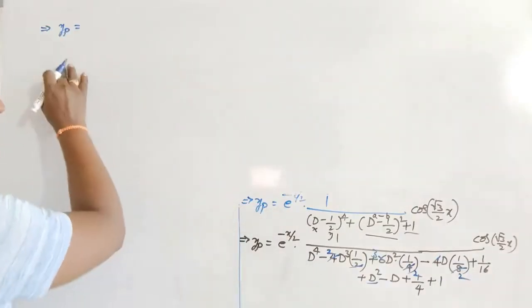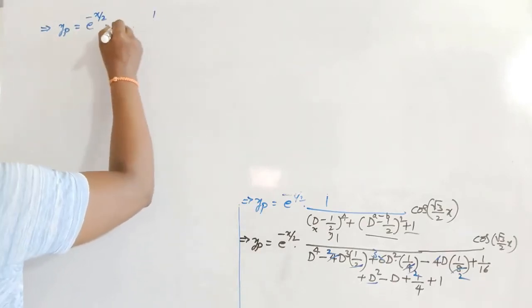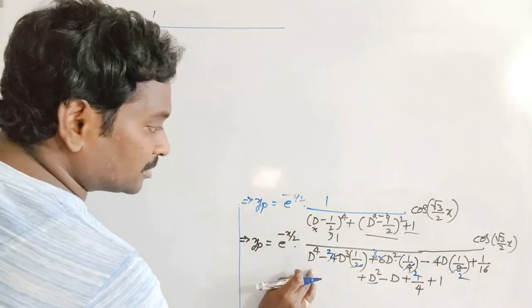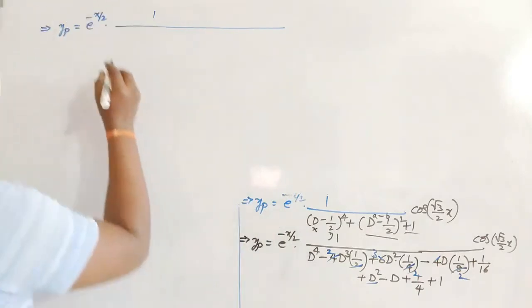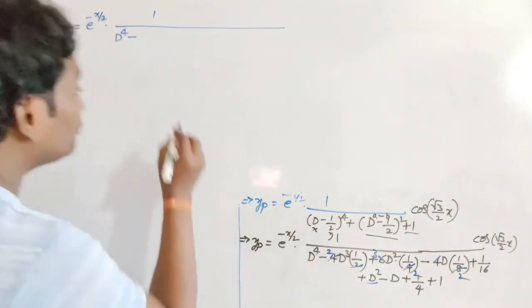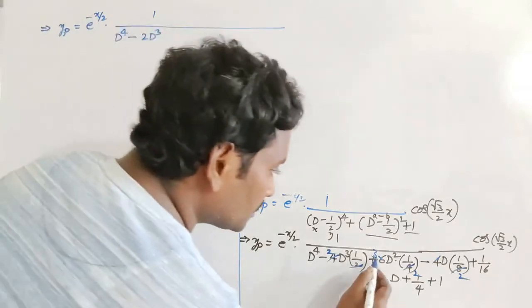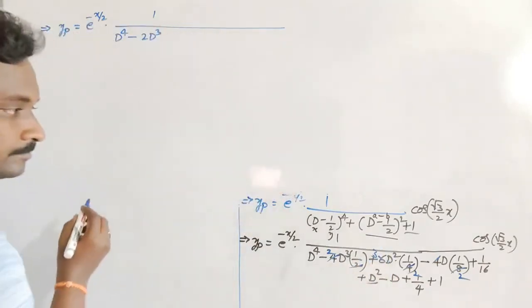Now this yp becomes e power minus x by 2 whole into 1 by, write the terms in order, d power 4 is the first term, minus 2d cube is the next term, next 3 into d square.